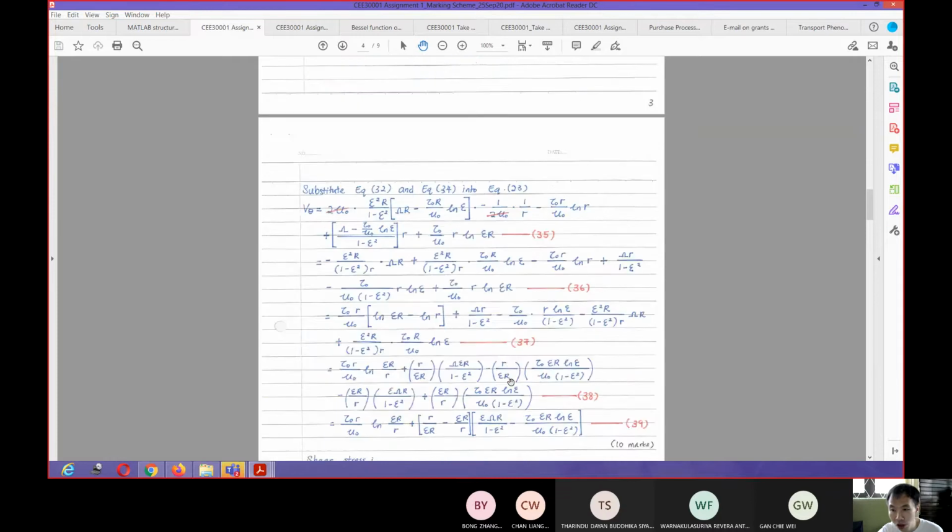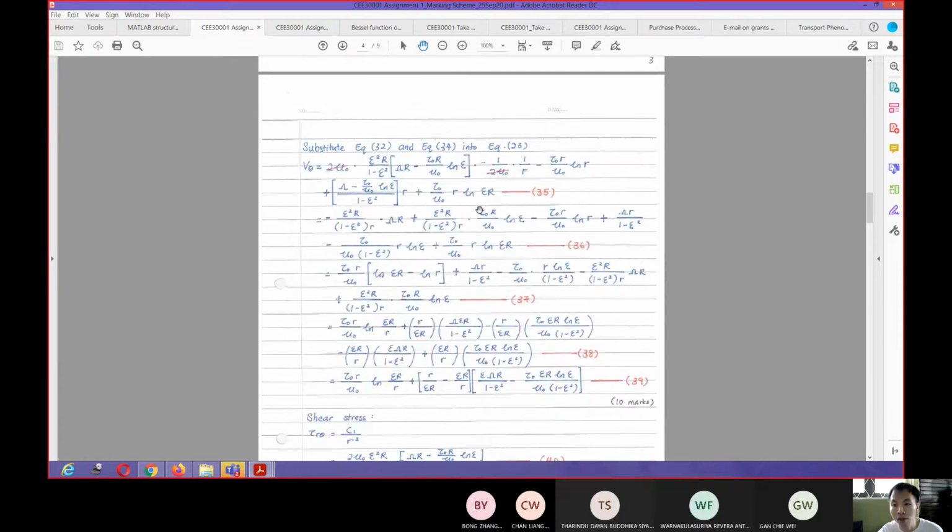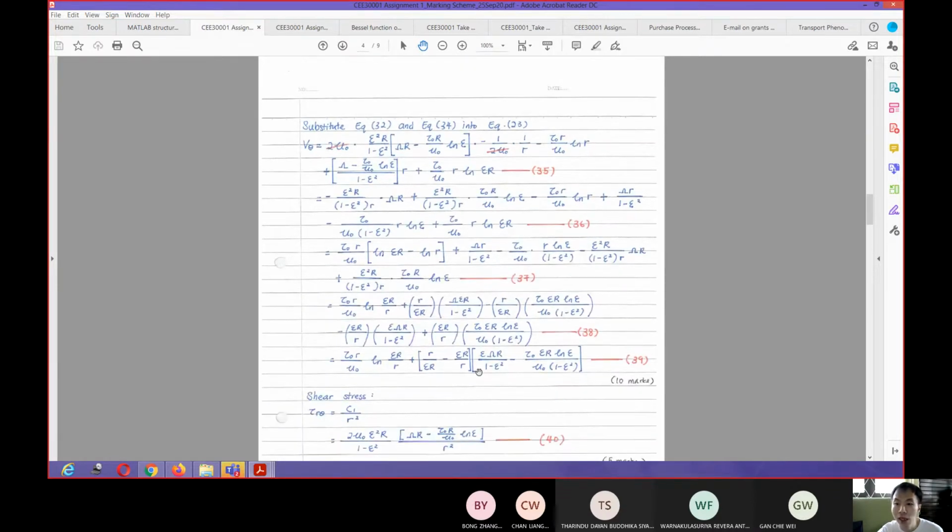Once you get your C1 and C2, then you need to put them in carefully again. Then you will end up with this velocity in the angular direction, which is what I gave you in the revised problem statement. After I realized that there is a typo, I gave you these things to help you find the correct expression.